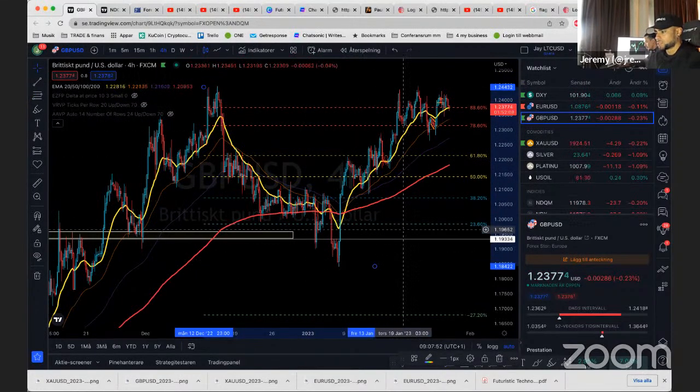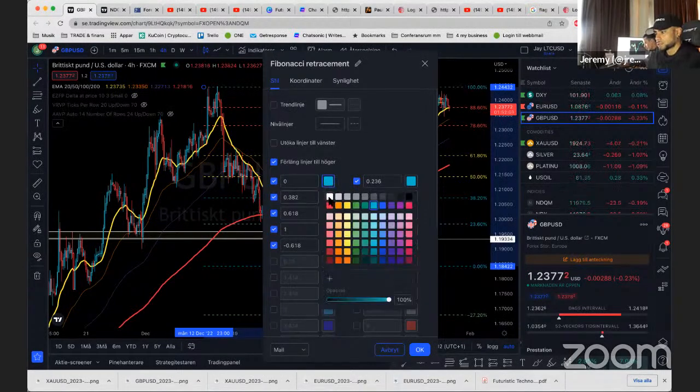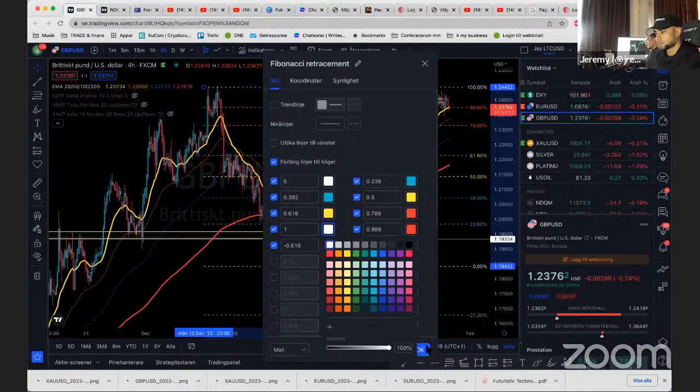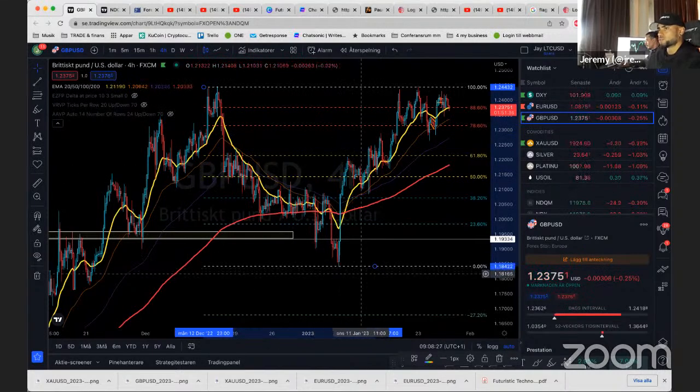I'm going to start putting the 0 and the 1 as well, so that you guys see clearly where it starts and where it ends. All right, so now you see it's from this top to this bottom. The 100% is always where you start to pull the Fibonacci, and the 0% is the top or the end of the swing that you're pulling Fibonacci on.